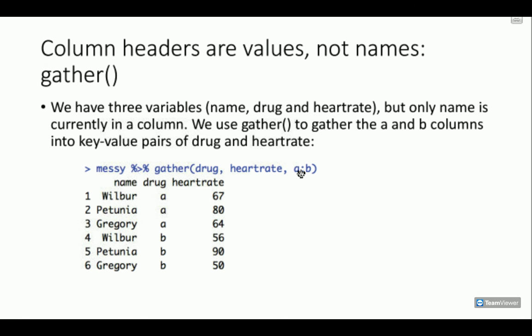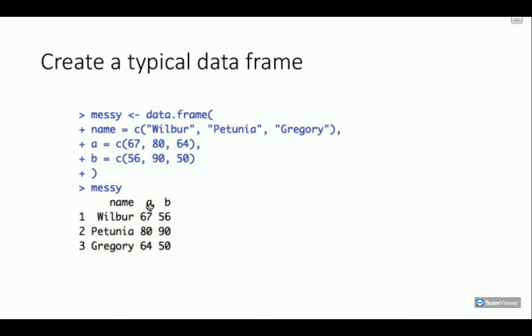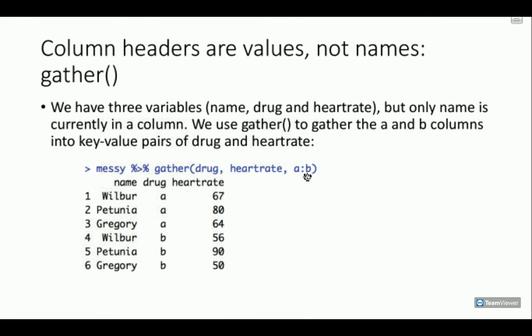If you look at the actual data set, there are A and B columns, and then a few numbers for each of them. What you're telling gather to do here is to use A and B as the keys.